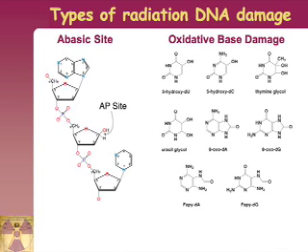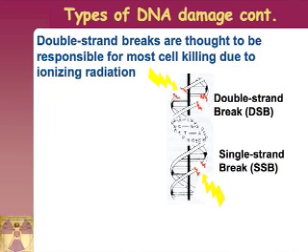But you can also damage the sugar phosphate backbone here. And this is now the type of damage that we're going to focus on in terms of radiation damage. These so-called strand breaks, when you damage the actual backbone of the DNA, are generally the most important. And again, here we see our actual double helix, where we have two strands. You can have a single strand break which only damages one of these strands.